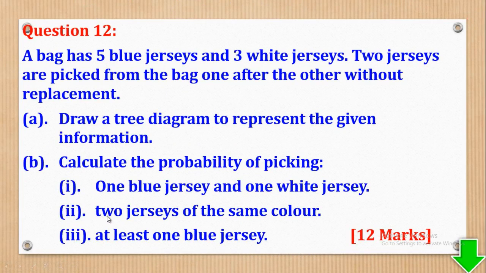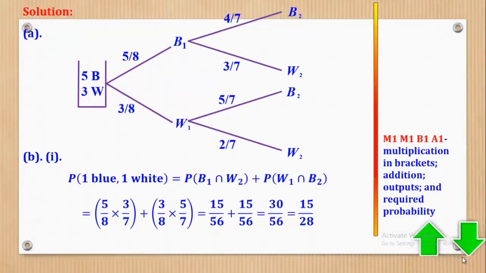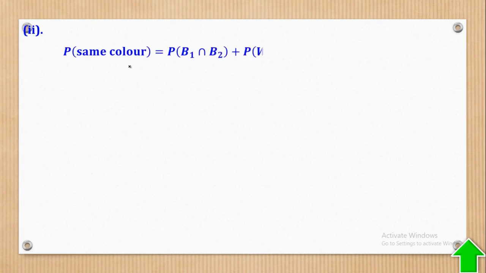So (ii) says probability of picking 2 jerseys of the same color, and (iii) at least 1 blue jersey. So same color means that if you are picking blue, you pick both blue, or white, you pick both white.